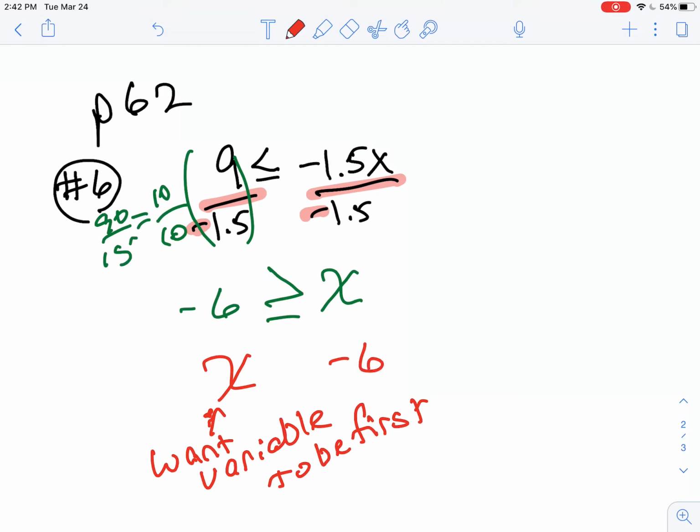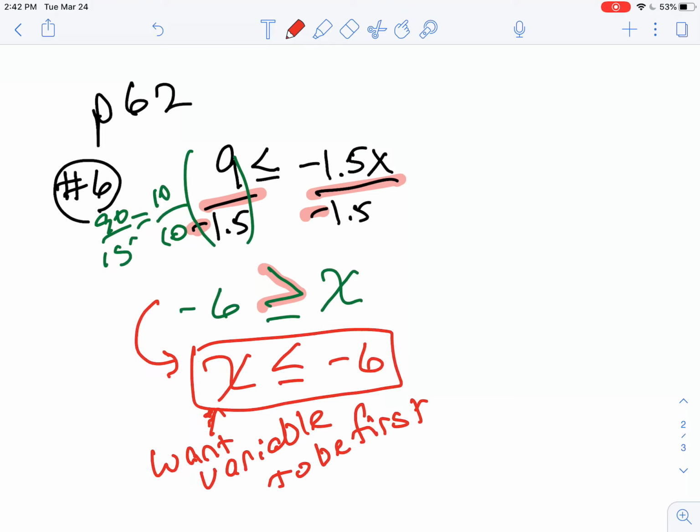You're comparing the variable to negative 6, and the inequality sign is eating the negative 6. So when you write the inequality sign, it still needs to be eating the negative 6. This is the inequality that you want to look at. So you need to exchange negative 6 is greater than or equal to x for x is less than or equal to negative 6.